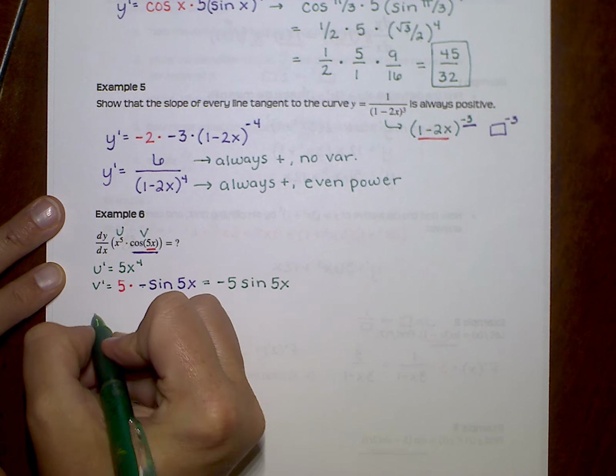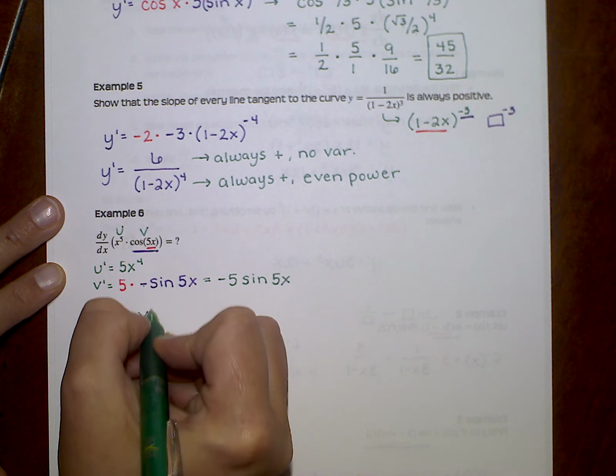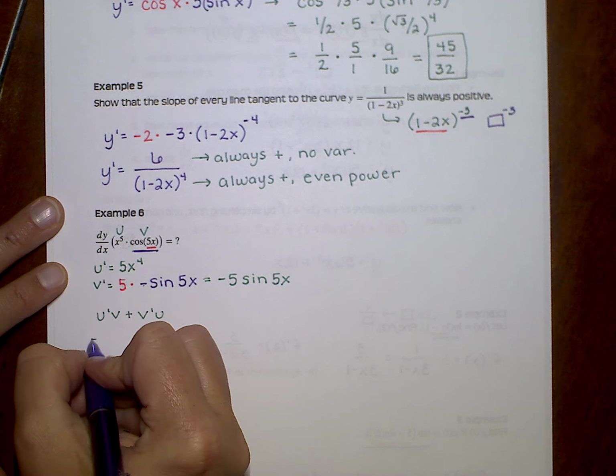Okay, and then for product rule, I'm doing u prime v plus v prime u. So that's going to look like u prime is 5x to the fourth.